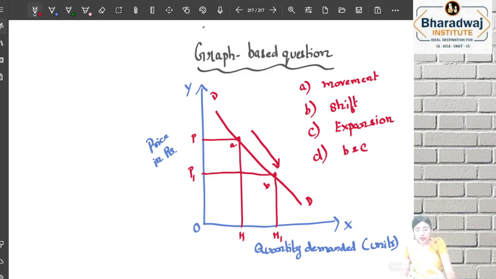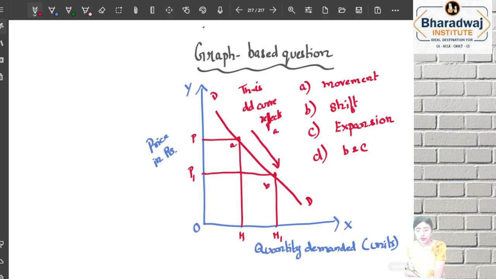What do you feel? This demand curve reflects a movement, a shift, an expansion, both B and C. Okay, movement is your choice.